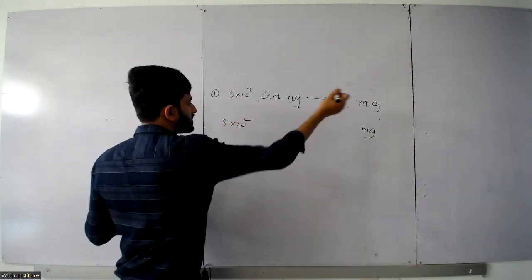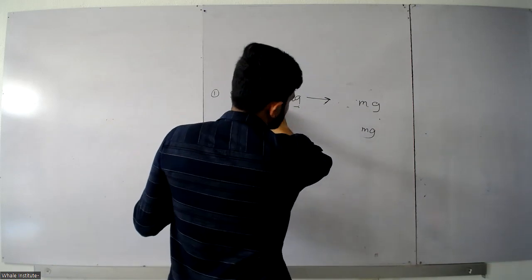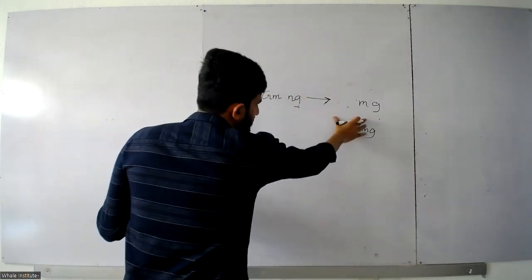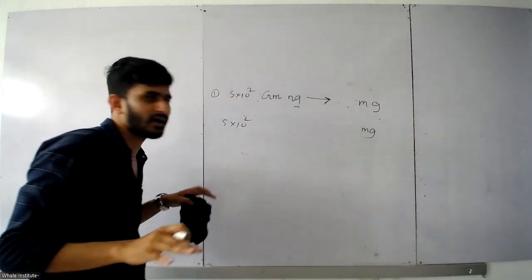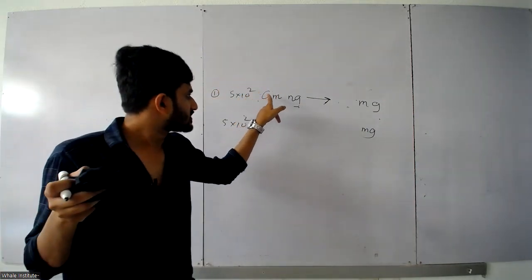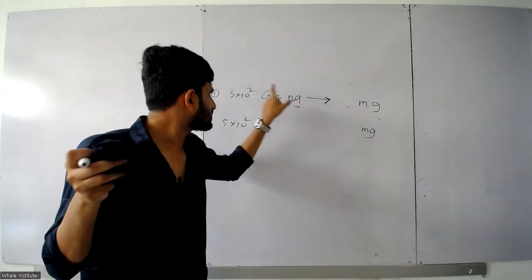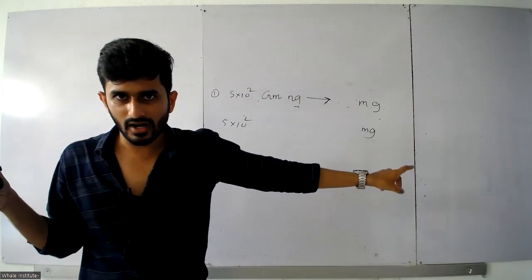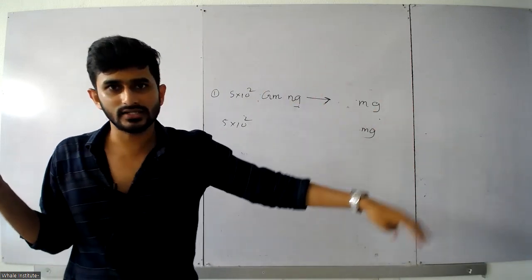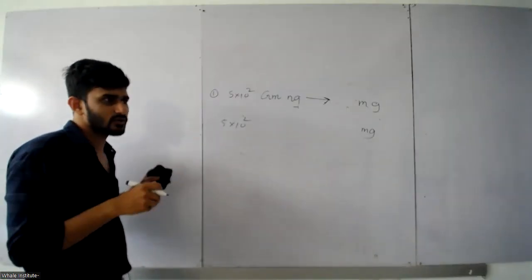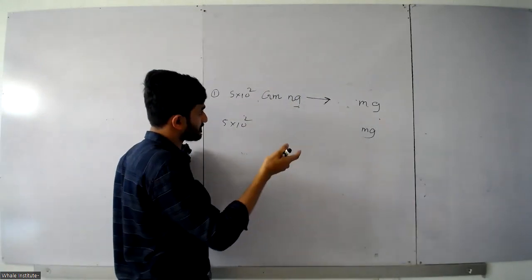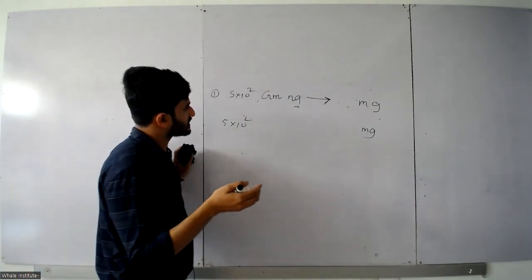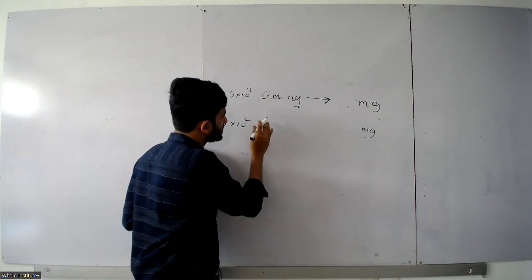5 into 10 to the power 2. So we have to see what has happened when converting from here to here. Gigameters to meters means we should remove giga. Then we have to remember the first law, the first step. When removing, you have to keep the value. So I'm removing giga here.